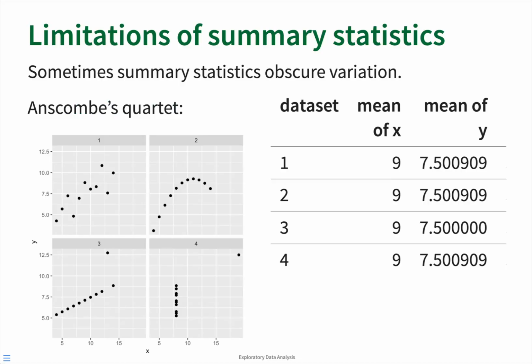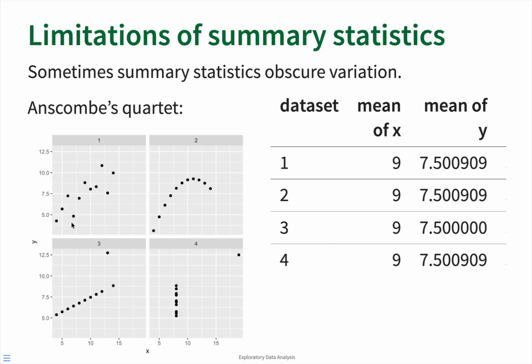So we can do some pretty cool stuff with the summarize function to calculate different summary statistics, but you should be aware that there are some limitations. So here's a famous example of the kinds of problems we can encounter using a data set called Anscombe's quartet, because it was created by a statistician called Anscombe. What he created was 4 imaginary data sets, which you can see here on the graph on the left.